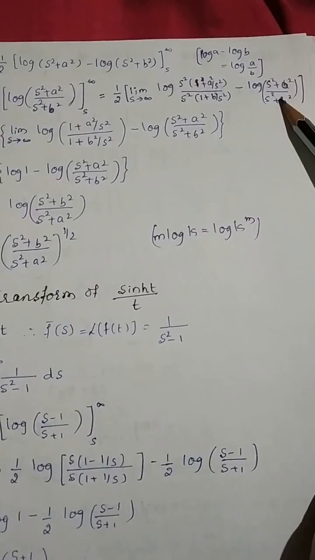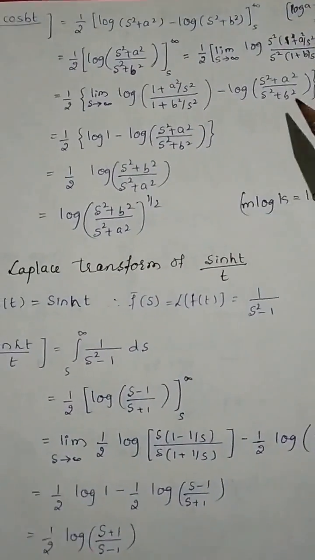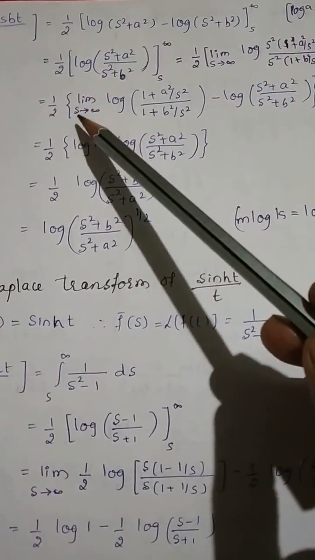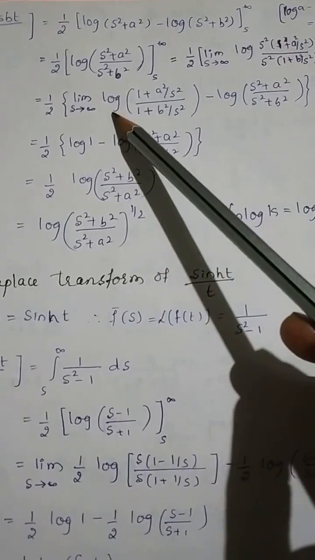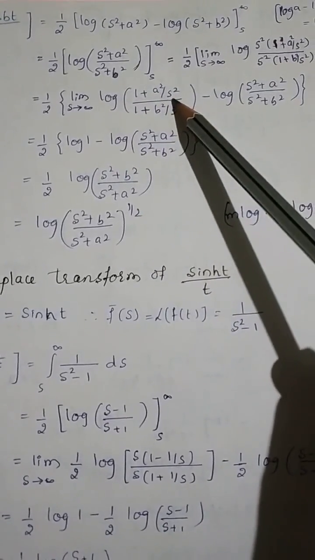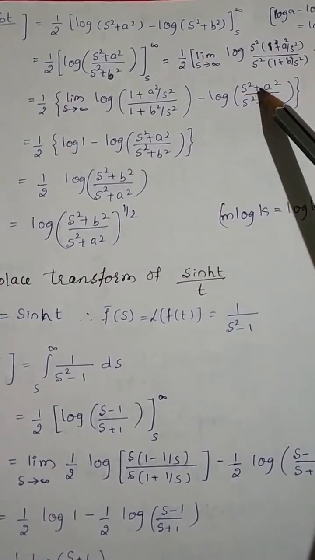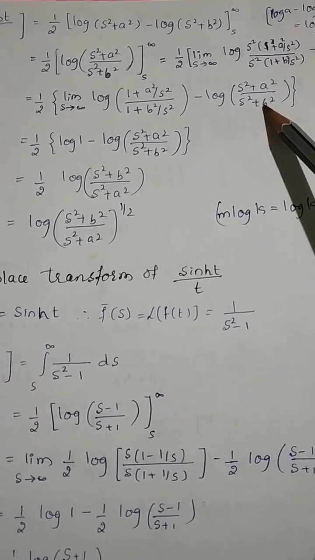Second limit is already s equals s. The s square terms get cancelled here, that is 1 by 2 into bracket limit s tends to infinity log of 1 plus a square by s square upon 1 plus b square by s square, minus log of s square plus a square upon s square plus b square.